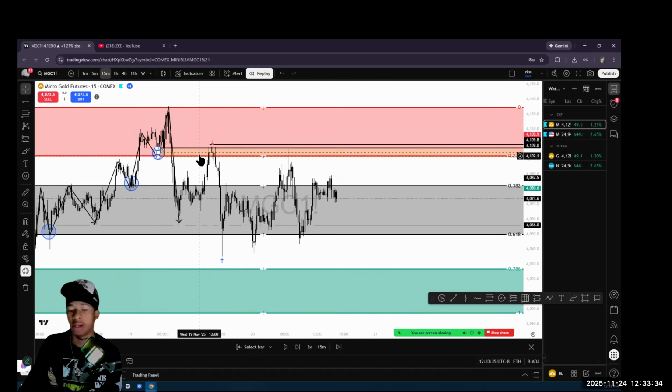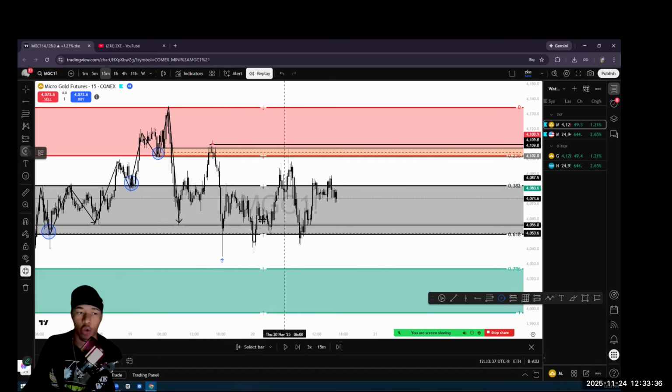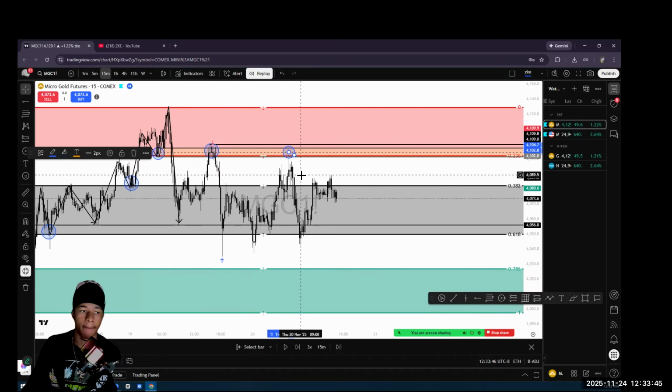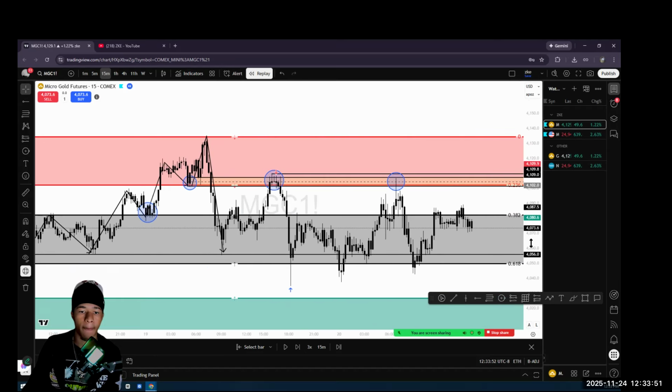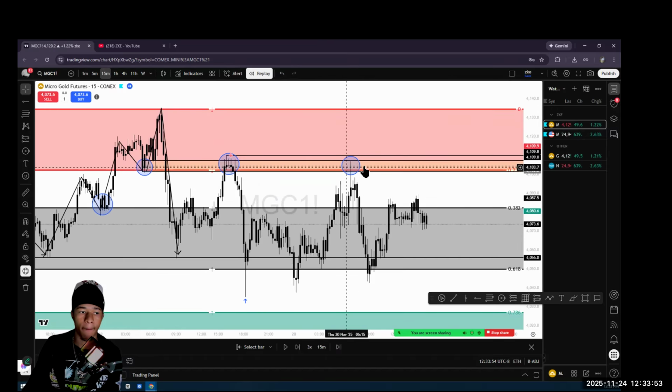Before I get into that, are you able to understand why you would have sold it here? Yes, so I see the first retest, so that makes sense with why I would do that. Now, there is a second retest.